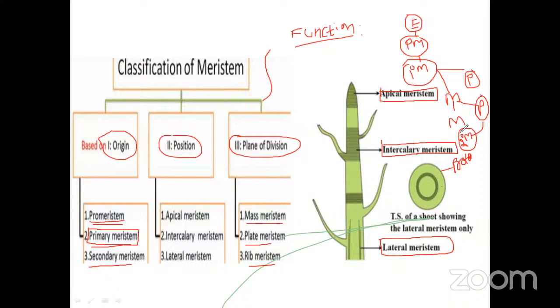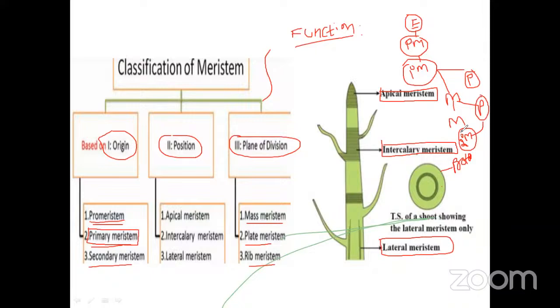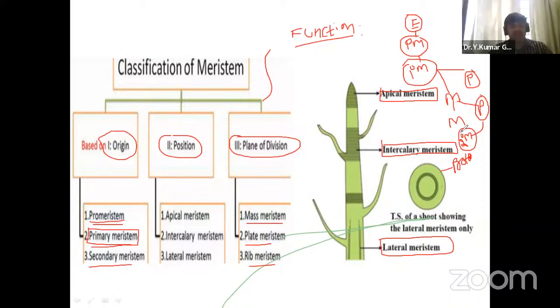This already developed existing tissue develops from primary xylem and phloem, from protoxylem to metaxylem. The function of this secondary meristematic tissue is involvement in secondary growth. I will explain that later also.